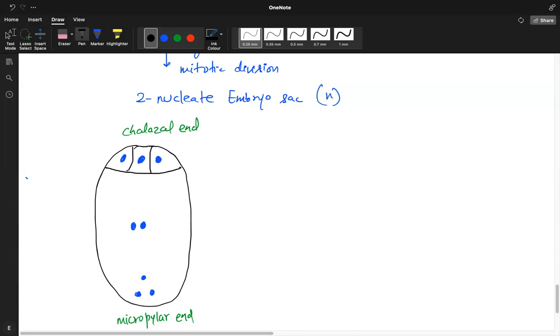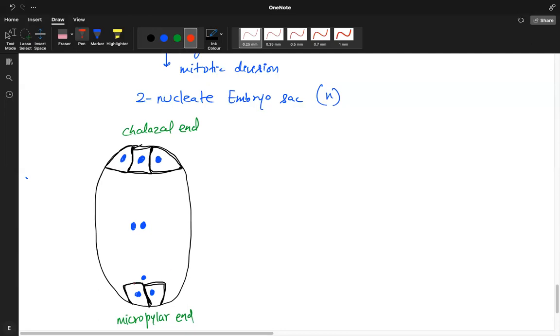making 3 distinct compartments. So now each one becomes one cell. This is 1, 2, and 3 cells. Here also, there is compartmentalization, 1, 2. These are small cells.